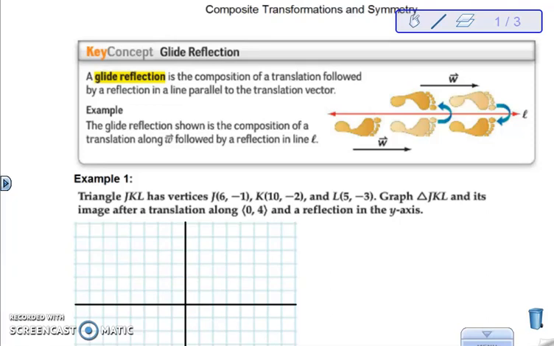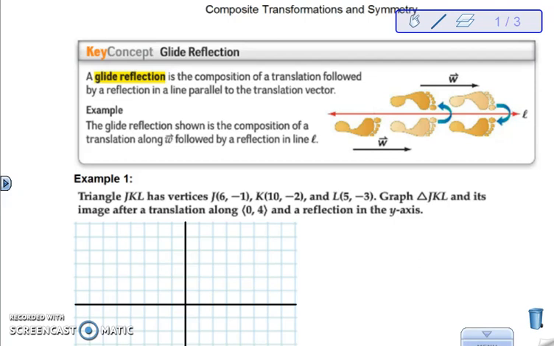All right, welcome. Today we are talking about composite transformations and symmetry. We already talked about transformations, in that we are taking a geometric figure, an object on a graph, and altering it in some way. Before we talked about translations, reflections, dilations, and rotations.